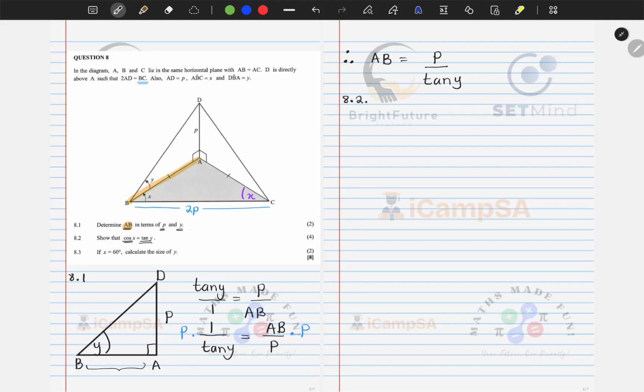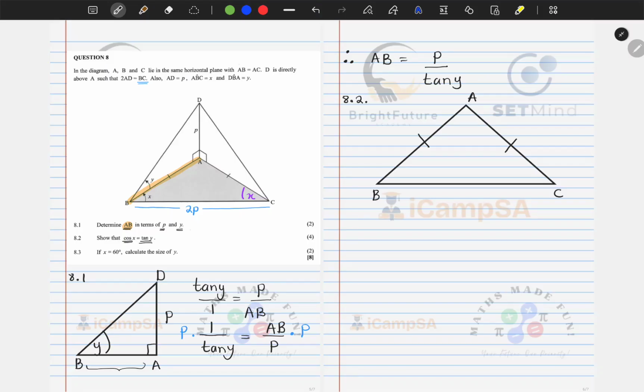There's a couple of ways to deal with this problem, but our focus is supposed to be on the inner triangle. Okay, so let's go ahead. I'm just going to quickly draw that triangle there. But remember, what we are required to do is to show that cos of X will be equal to tan of Y. So what we have is A, and then we have B, then we have C. But remember that these are equal.